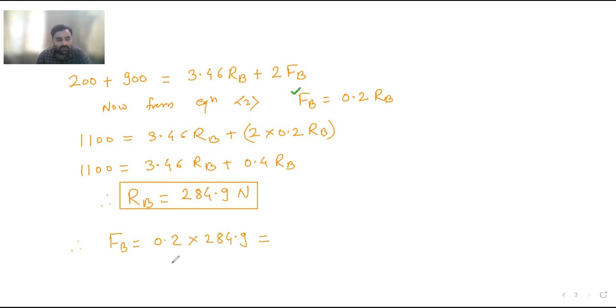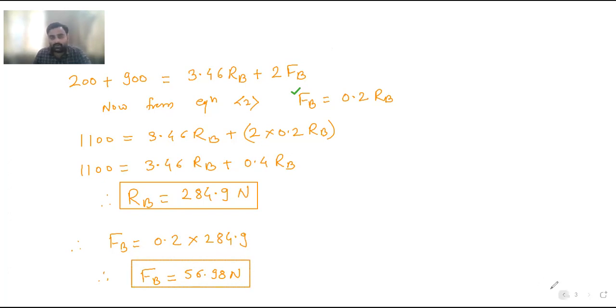So what is the answer? Frictional force at B. 56.98. 56.98 Newton. Okay. So this is the value of FB.